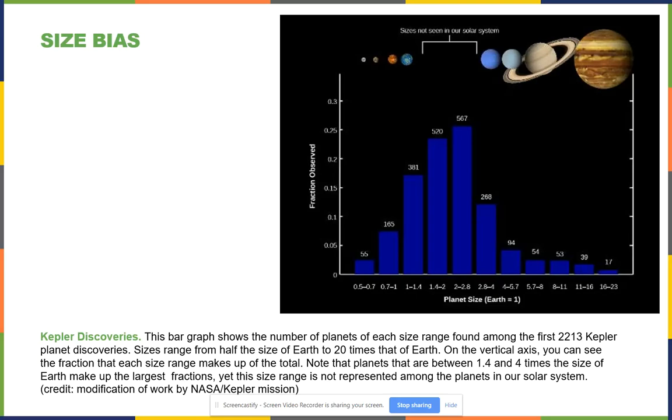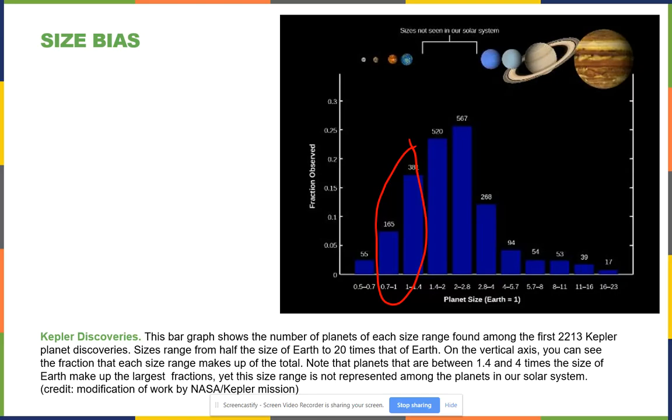That's like the size of Mars or smaller. I don't remember what Mercury's size is, if Mercury actually fits in that. And then we have 0.7 to 1, 1 to 1.4 Earth sizes. So, well, let me just circle this range. This would include Venus and Earth in that group.